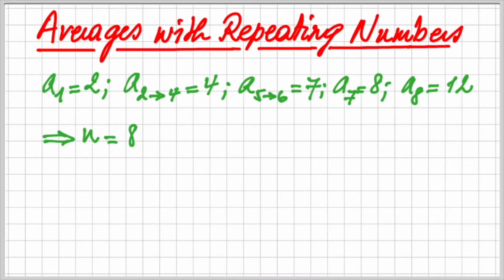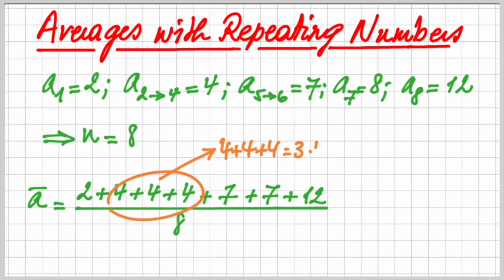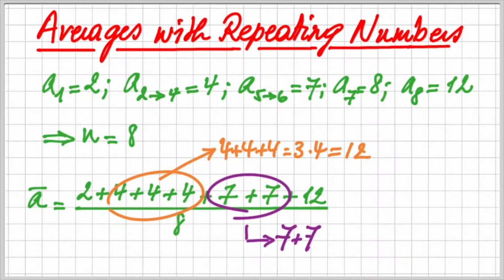We have 8 numbers, and when we write the formula, it's 2 plus 4 plus 4 plus 4 plus 7 plus 7 plus 8 plus 12, divided by 8. We can replace the 3 times 4 by 12, and 7 plus 7 by 2 times 7, which is equal to 14.